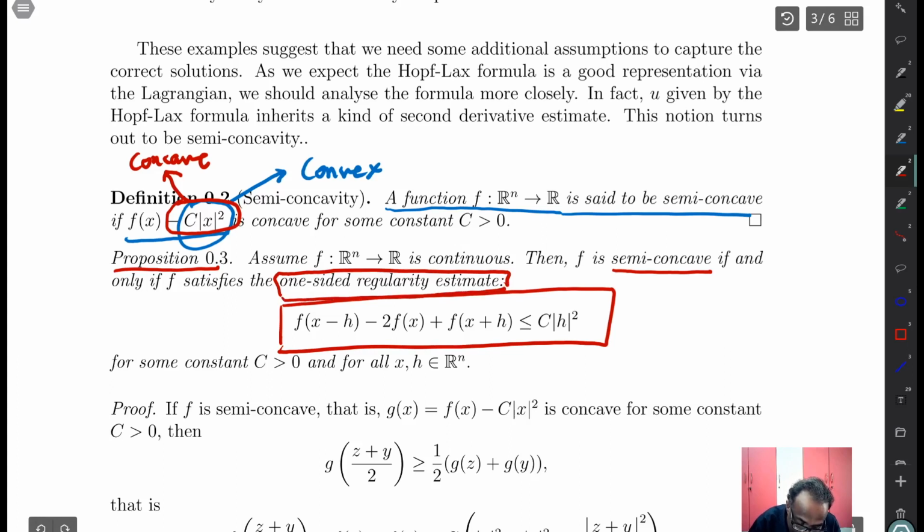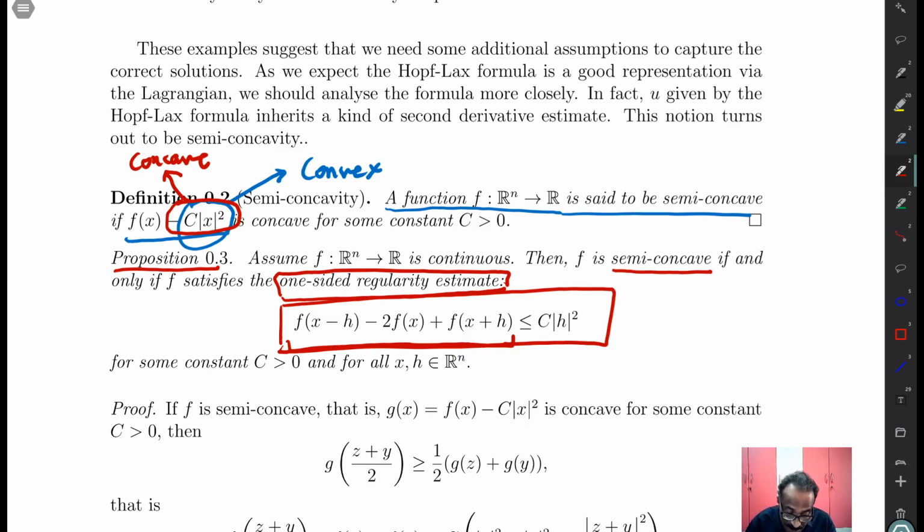If everything is nice, this term is an approximation, with 2h or whatever, to your second derivative. You don't have a first or second derivative, you have only continuity, so you have a one-sided derivative.